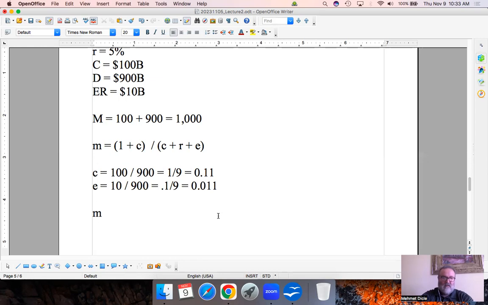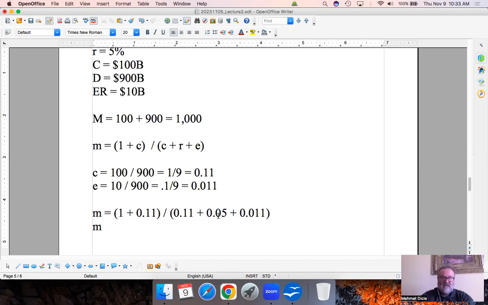Money multiplier is 1 plus 0.11 divided by, so 0.11 plus 0.05, that's the required reserve ratio, and then plus the E, 0.0111, right?